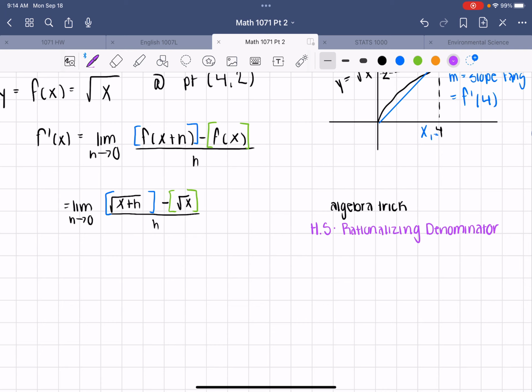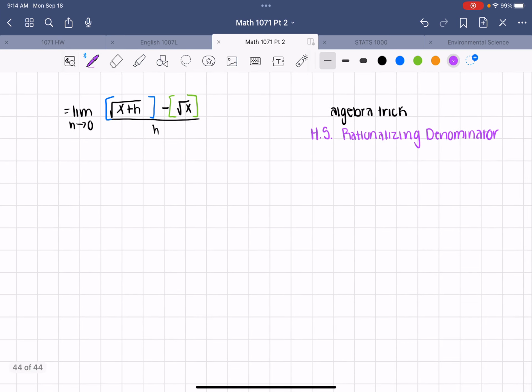I think they declared it improper simply so they could teach you this trick, because I see nothing wrong with roots in the denominator. But the rule is that they don't like roots in the denominator. And so do you remember they taught you this trick? Do you remember the trick of the conjugate?